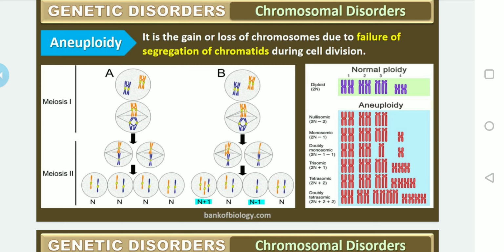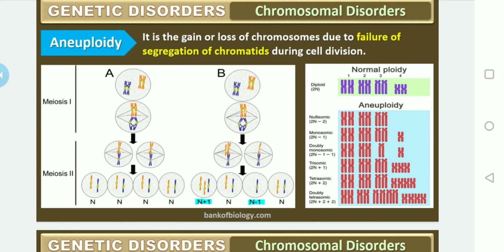That is also a type of aneuploidy. Another possibility is double monosomy: 2n minus 1 minus 1, so it becomes 44.